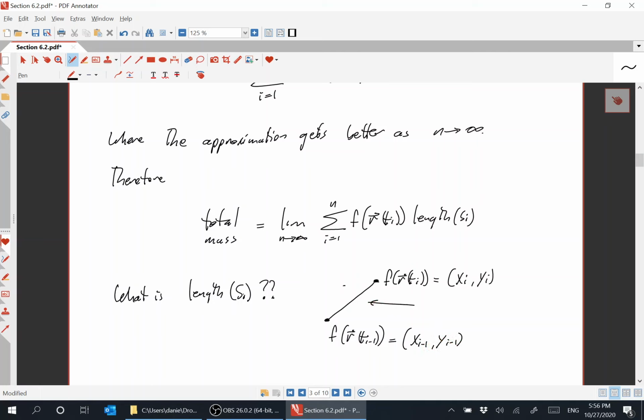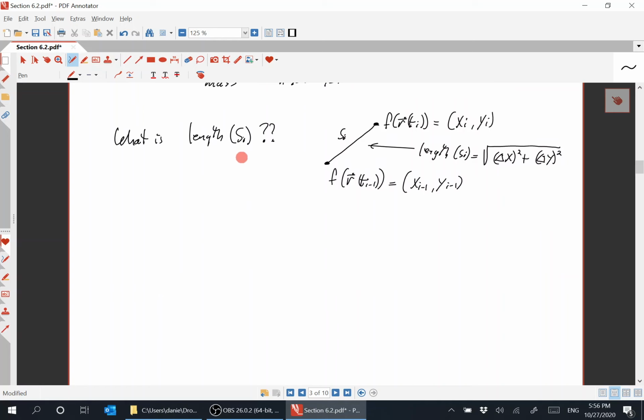So the length of s_i is just given by the distance formula. It's the difference in the x-coordinates squared plus the difference in the y-coordinates squared, square root. Just the distance formula.